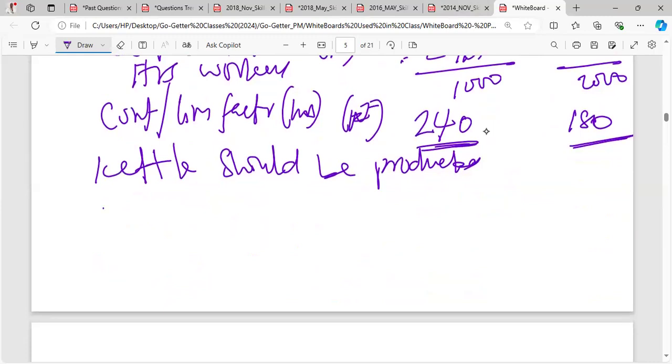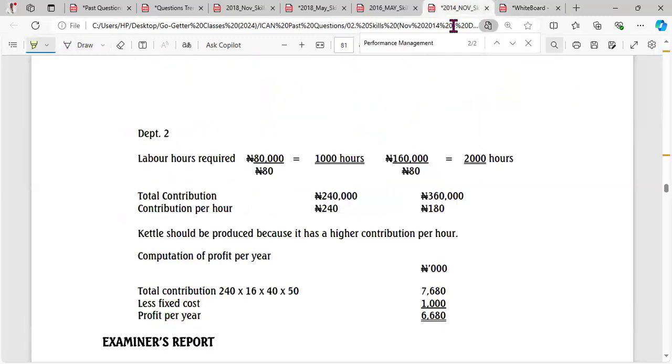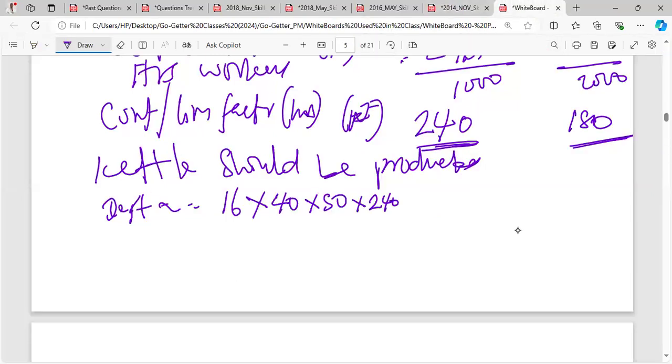In department 2, we will need 16 people working at 40 hours a week times 50 weeks in the whole period, which you will now pay 240 naira. Let's see if that's what they did here. Yes. So 16 people in that department is needed. They will work for 40 hours a week.